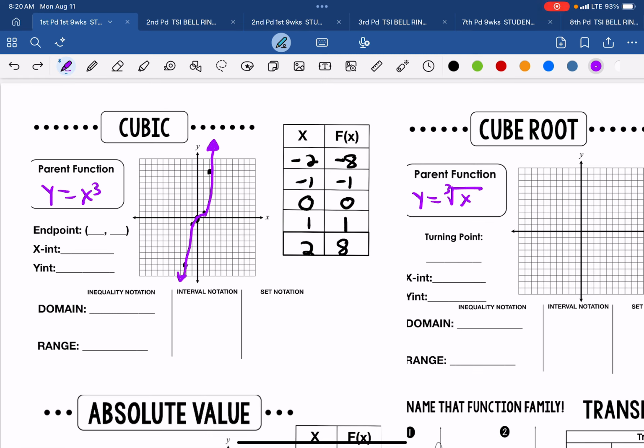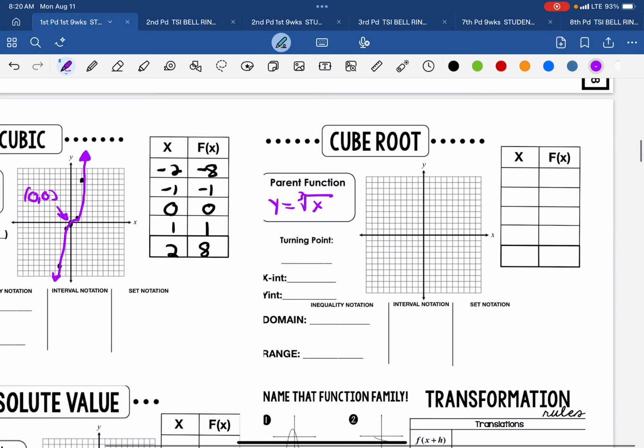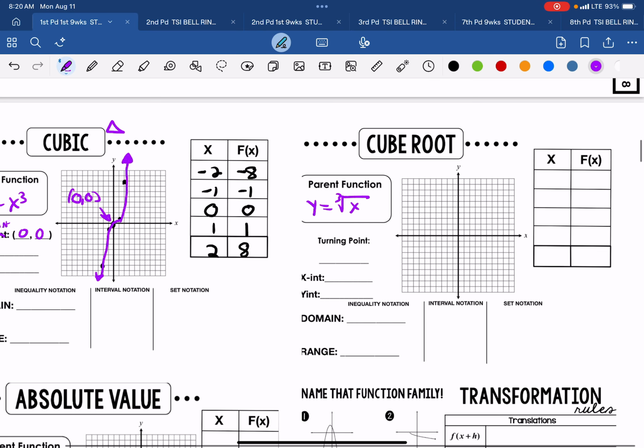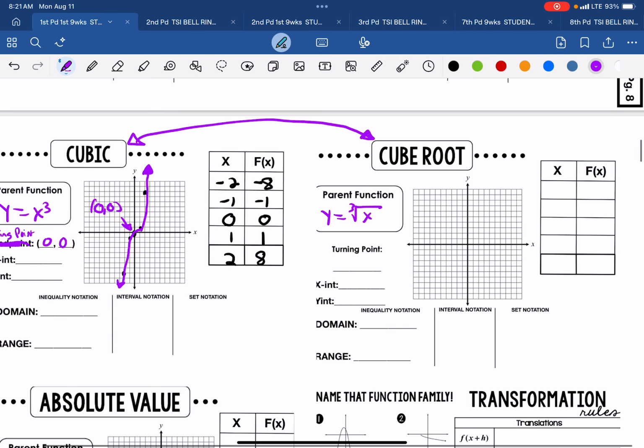Now, this one actually doesn't have an end point, it has a turning point. And that's right here. Point of inflection, I should say. 0, 0. Now our cube root, I don't know if you guys knew, but these cubic and cube root, they're the inverses of each other. What's cool about inverses, and we're going to talk more about this, is that their graphs, their tables flip.